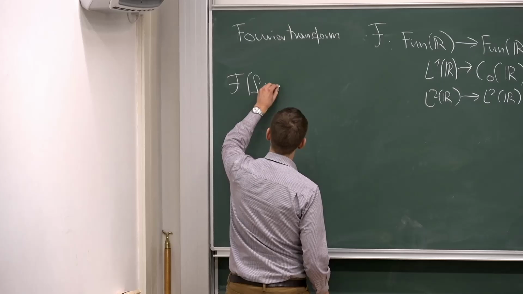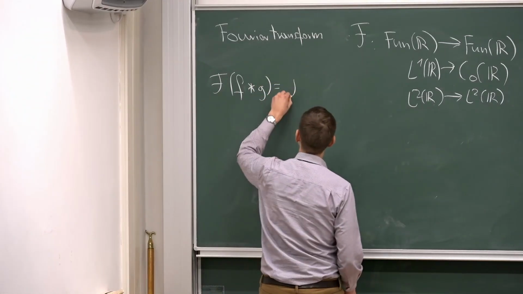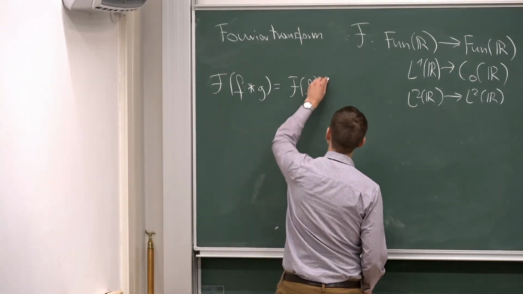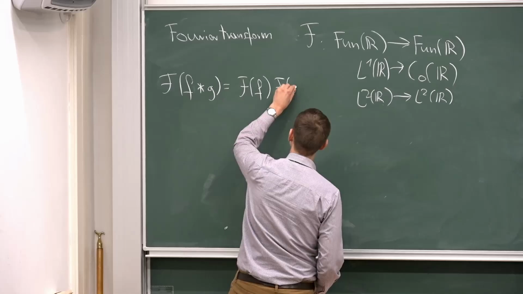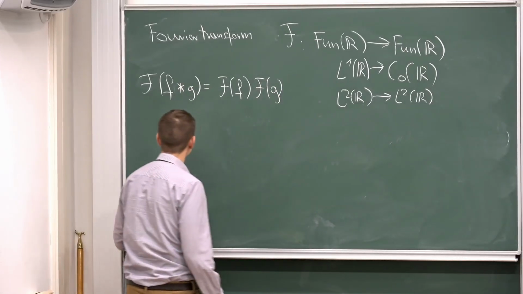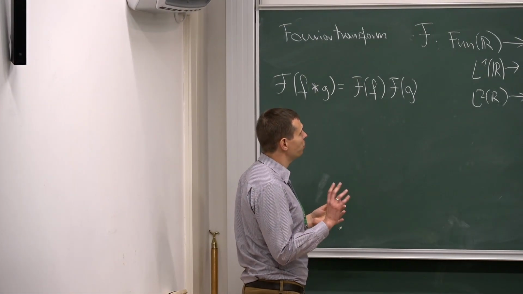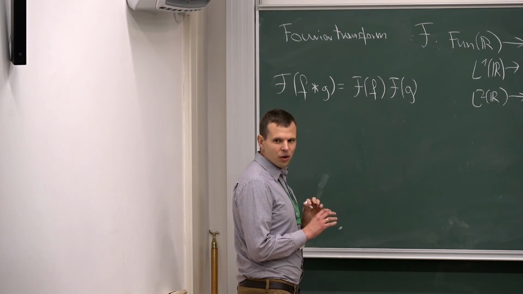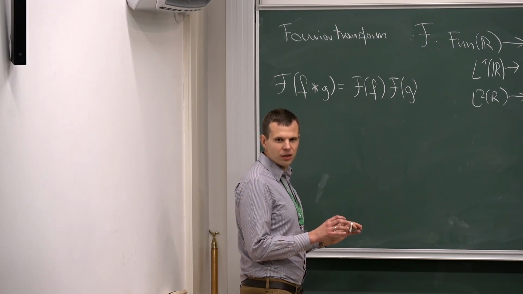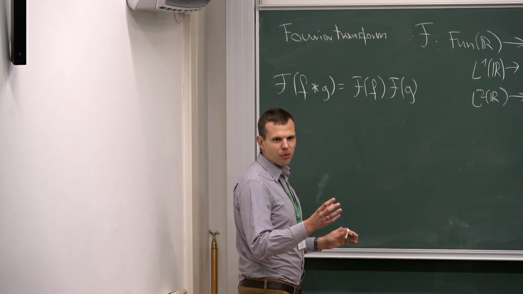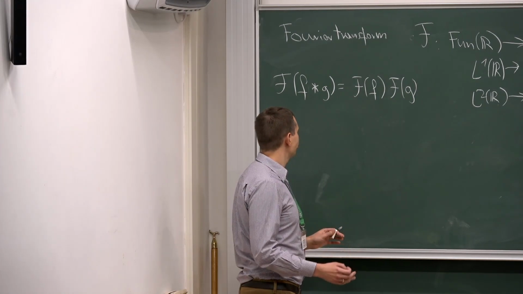Okay, and then the most important property of the Fourier transform is that it maps convolutions into the usual product of functions. What it means is that using the Fourier transform, you can transform all the convolution operators into multiplication operators on the other side.